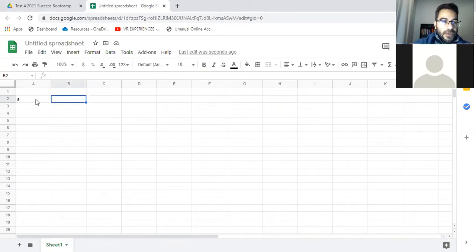So let's have a look how we will go about doing this. On 30th June 2019, we're going to do the correcting journal entry. So I have my debit and I have my credit.